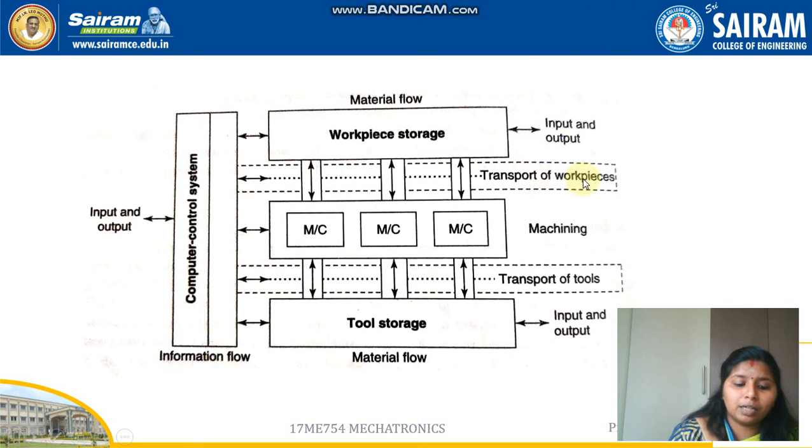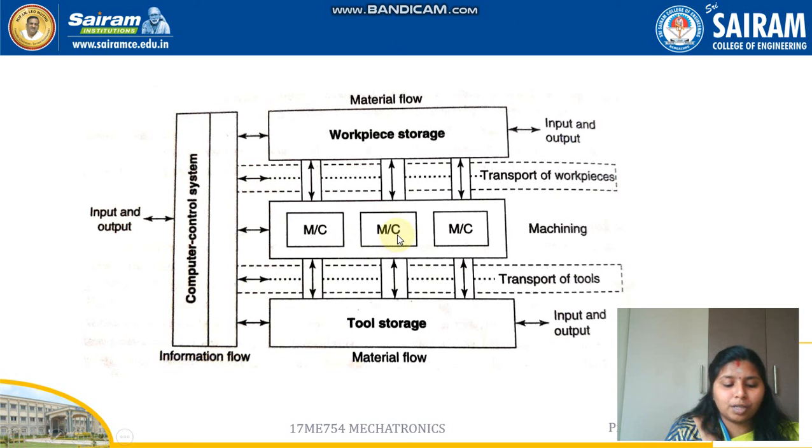The FMS incorporates many individual automation systems and technologies. So it takes care of computer control, independent movement of parts, limited buffer storage between machines and interface with secondary work handling systems. So this is about the flexible manufacturing system.